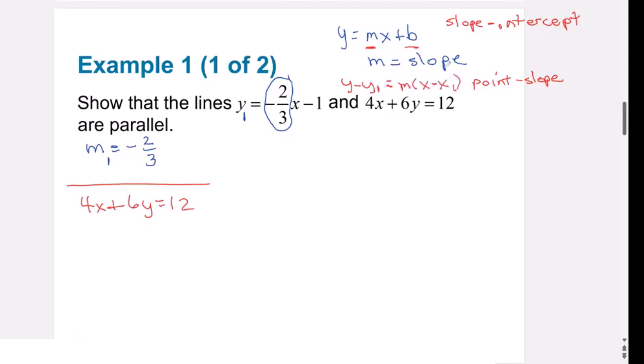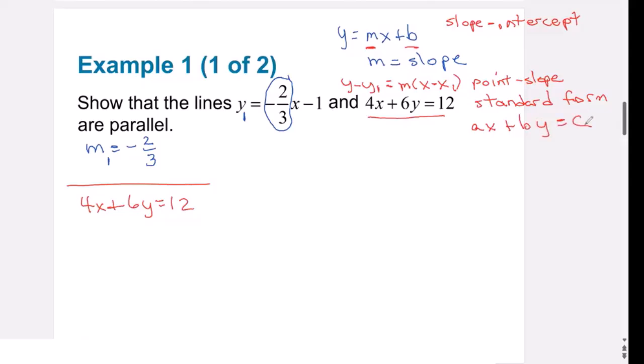And this is called standard form. Standard form is always in the form ax plus by equals some constant.